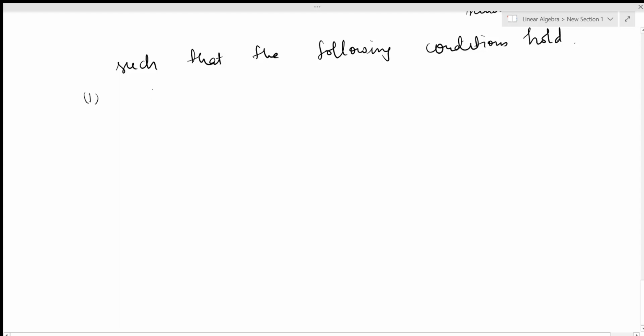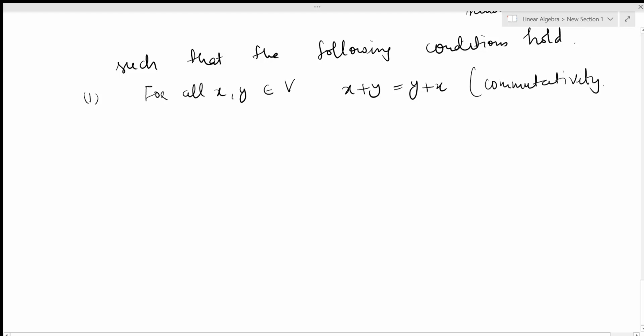The first axiom is for all x and y belonging to V, x plus y is the same as y plus x. This is commutativity of addition, as I discussed before.